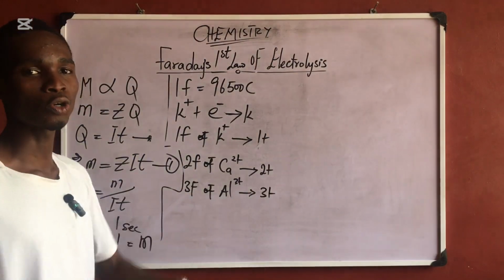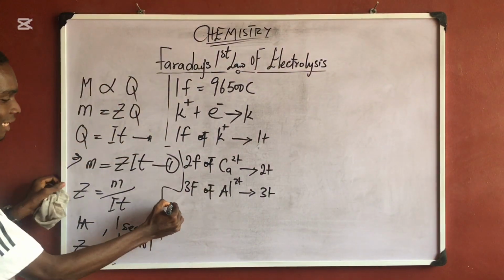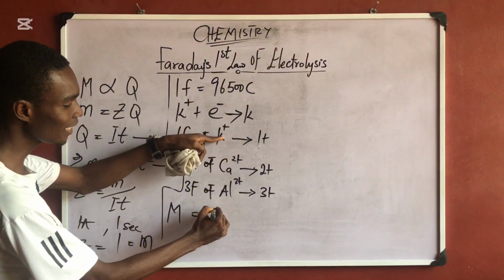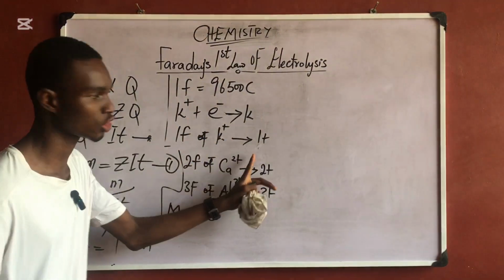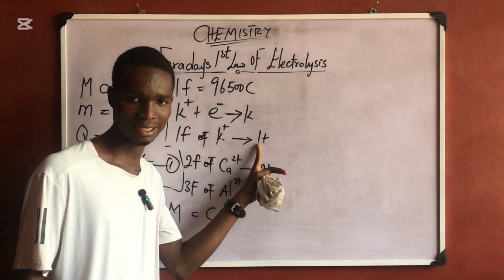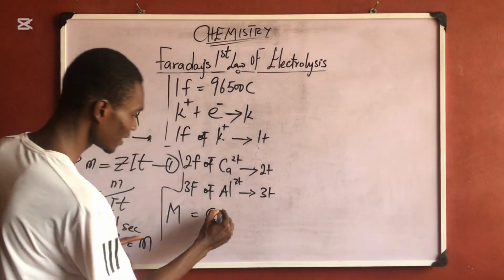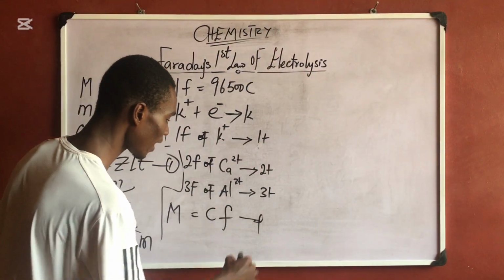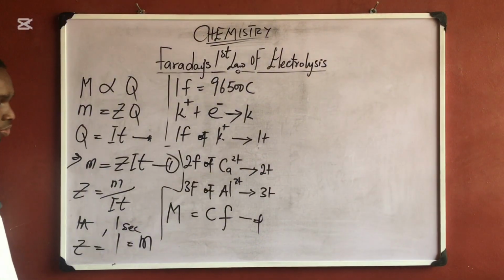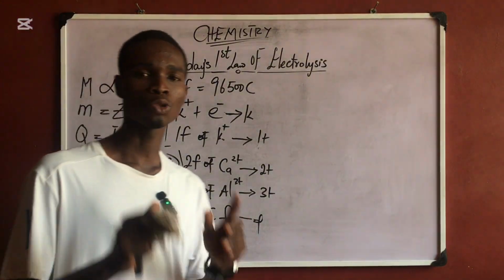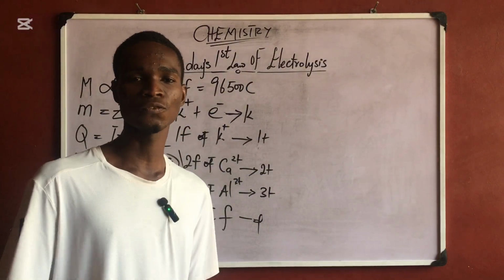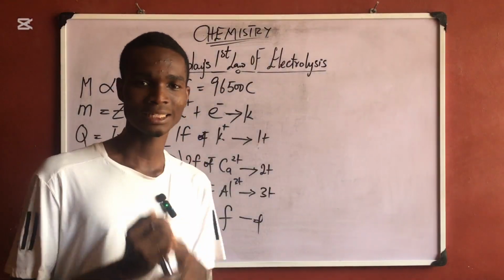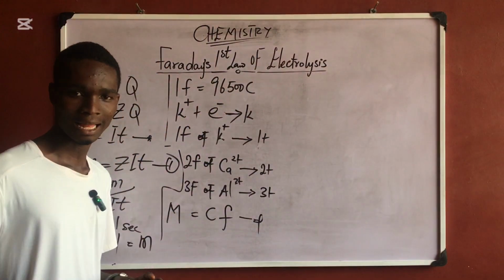If this holds, it means that the molar mass of this substance gives the valence charge times the Faraday constant. Remember, I'm doing all this in order to achieve the almighty formula or the general formula that can give you your answer.